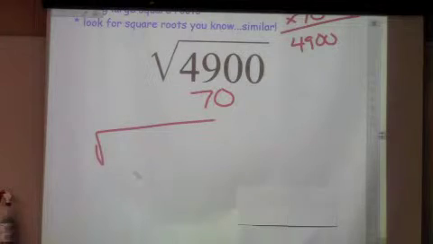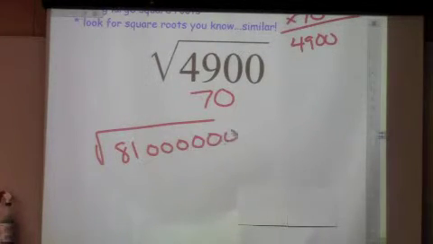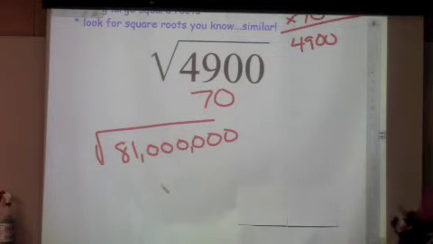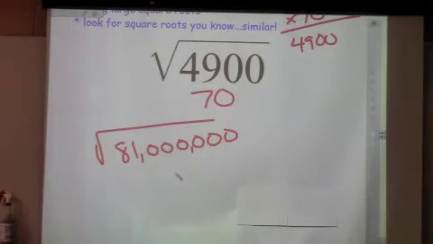What's the square root of 81 million? Well, let's see. What's the square root of 81 million? 9,000. 9,000. Not 90,000, you're close. 900,000? Remember, to create 2 zeros, you just need 1. 90 million?